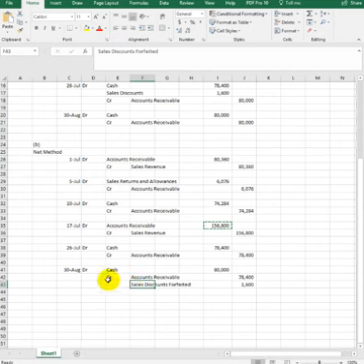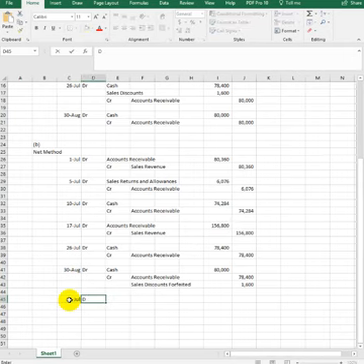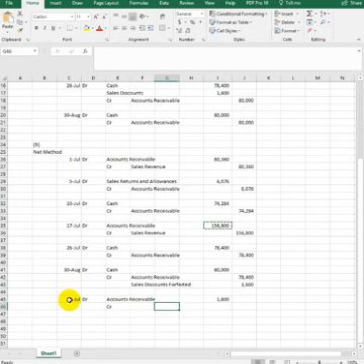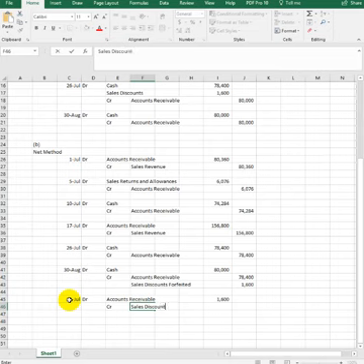So we could have made an entry that looked like this: debit the accounts receivable to increase it for the amount of the increase for the $1,600, and then credit the sales discount forfeited.